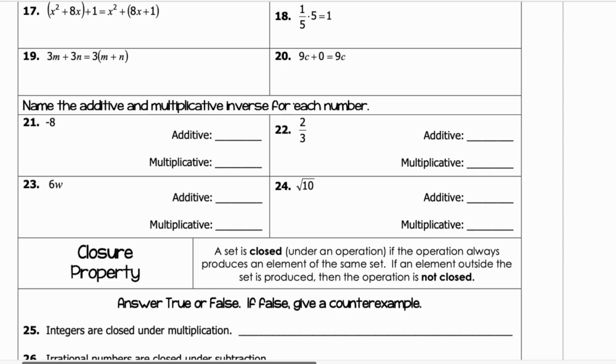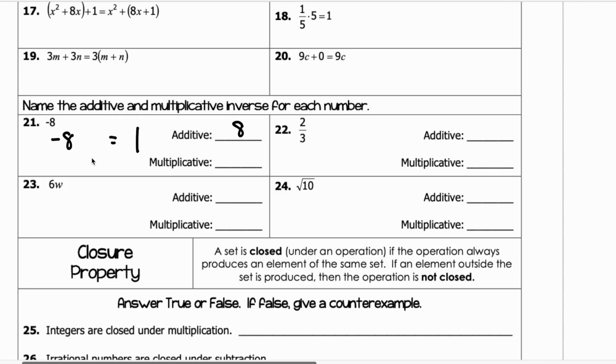They're saying name the additive and multiplicative inverse of each number. So what's the inverse when you're adding, right? What's the inverse of -8? Well, it's going to be +8, right? Because if I have -8, I'm going to cancel out the -8 with a +8 to get 0. That's what cancel out means, to get the value to nothing. If it's multiplication, you might have -8, and remember, you're trying to get the value to be 1.